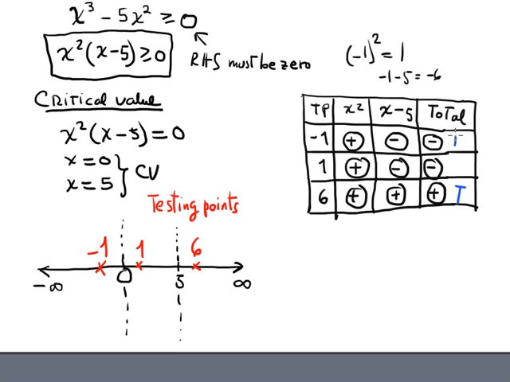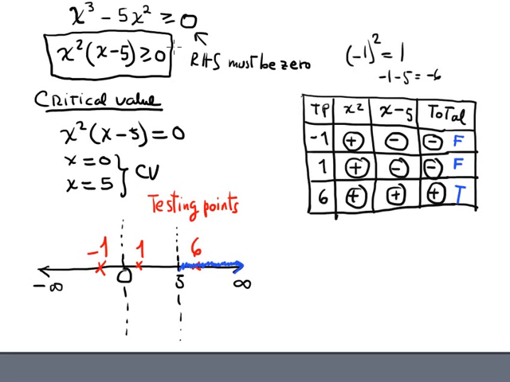This is false, and this is false. The interval corresponding with the solution is the one with testing point 6, this part. So I shade or highlight this part.